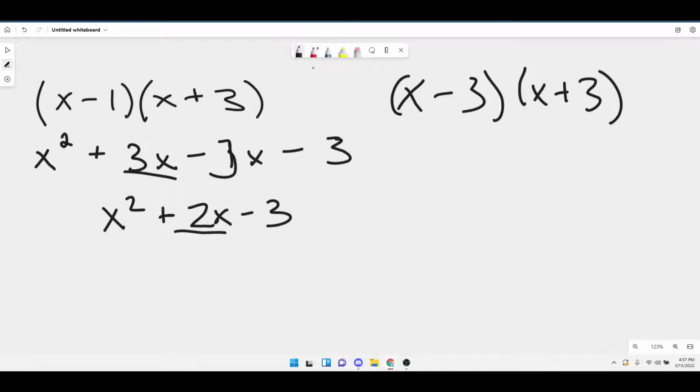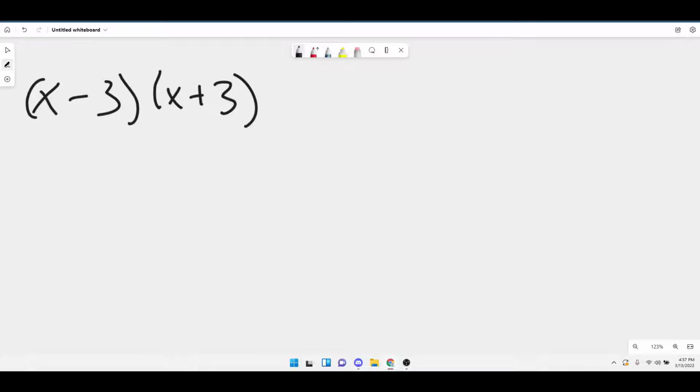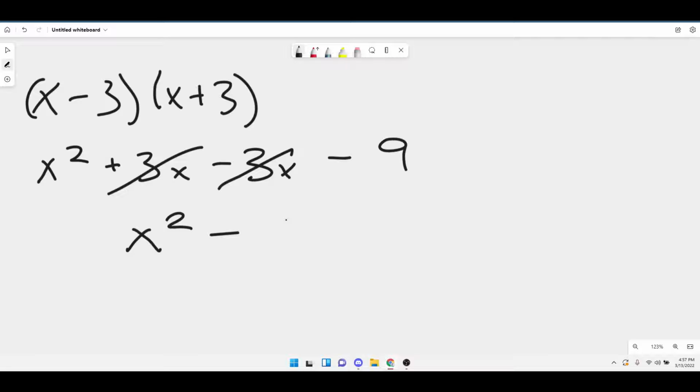Now let's see how that turns out. Let's start by FOILing this out. We do x times x, which is x squared, plus 3x. Negative 3 times x is negative 3x, and then negative 3 times 3 is negative 9. We then see that these cancel out, so we get x squared minus 9.